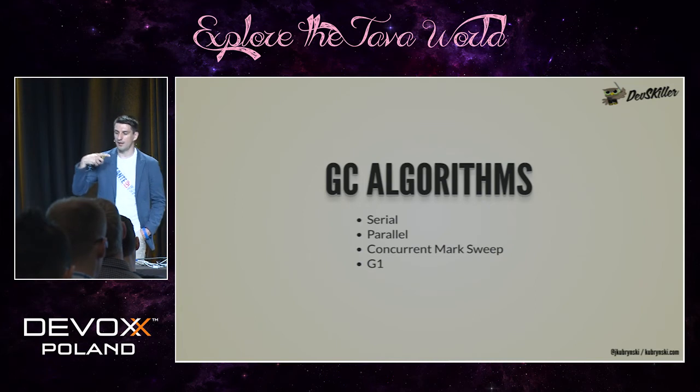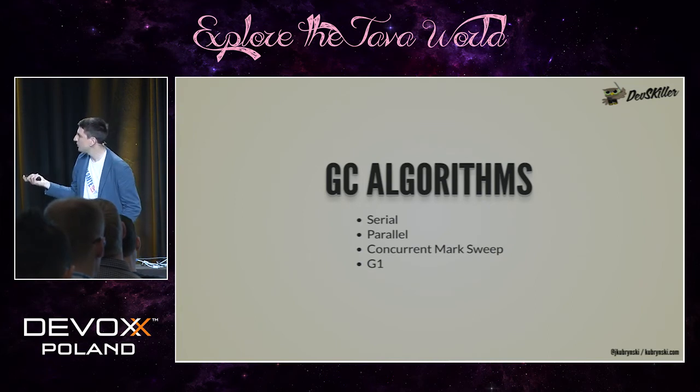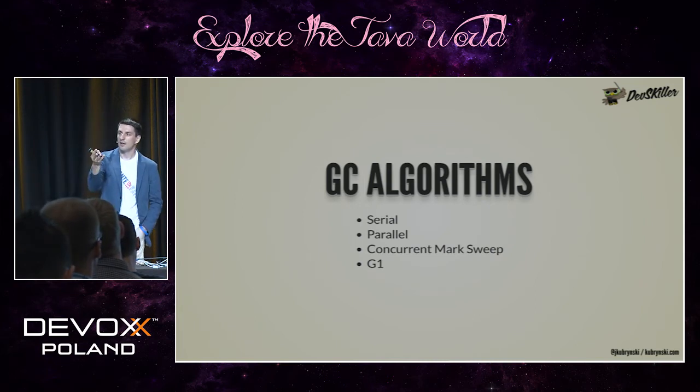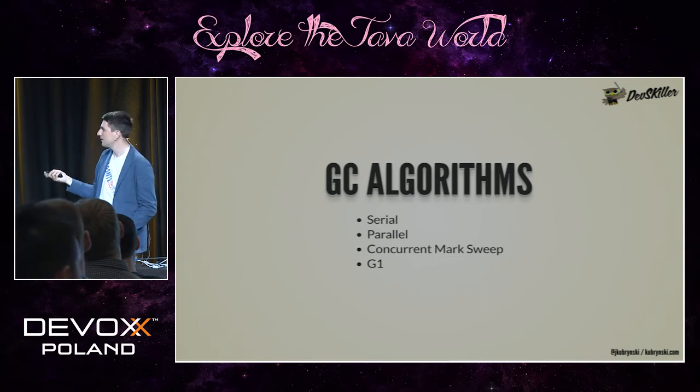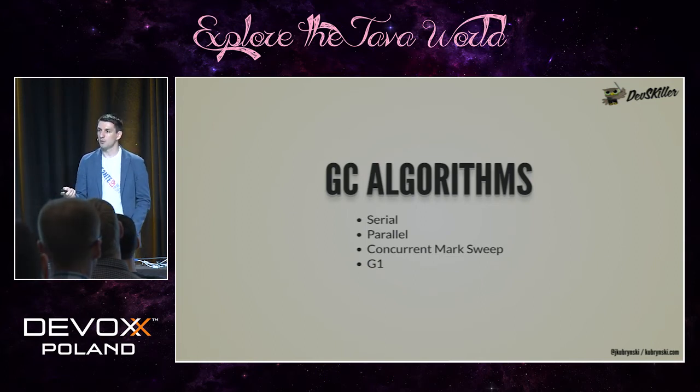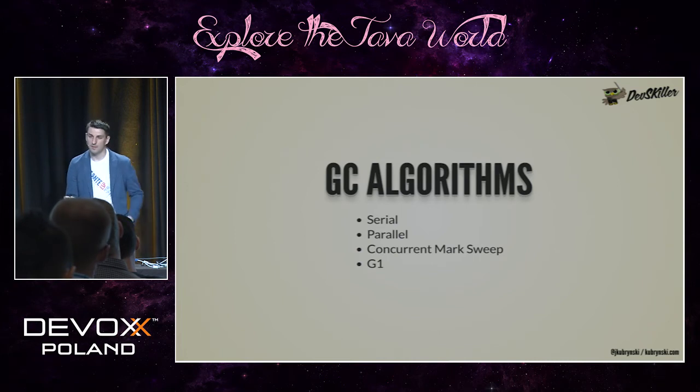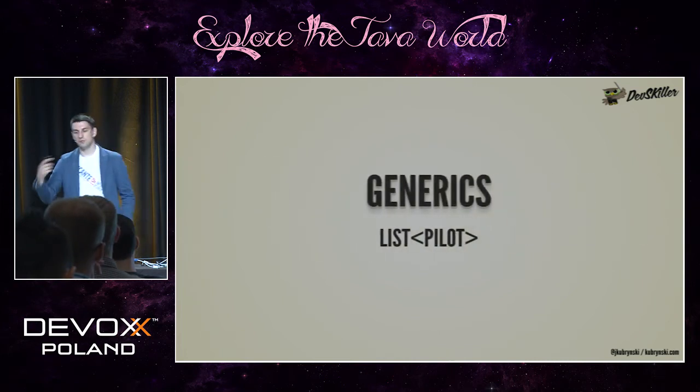If you're using a web application, probably G1 is the best shot at the beginning, okay? If you're using some backend batch processing, then Parallel is the fastest possible algorithm that is provided in the JVM, okay?